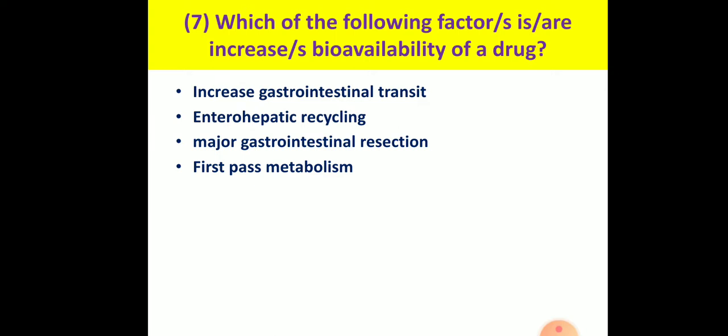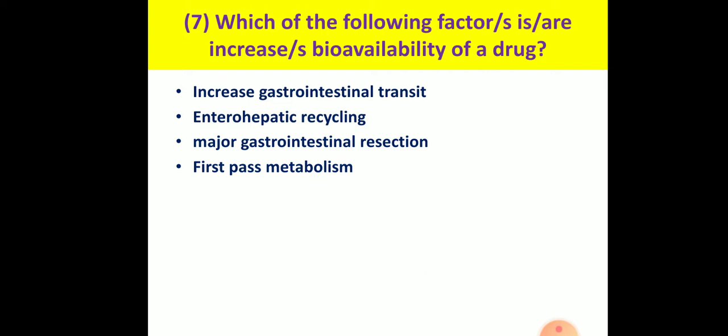We have discussed in the previous question, first pass metabolism will reduce the bioavailability of the drug, and the last one is enterohepatic recycling. It means that the drug is absorbed, then the drug enters through the peripheral circulation, and for the metabolism it enters into the liver.